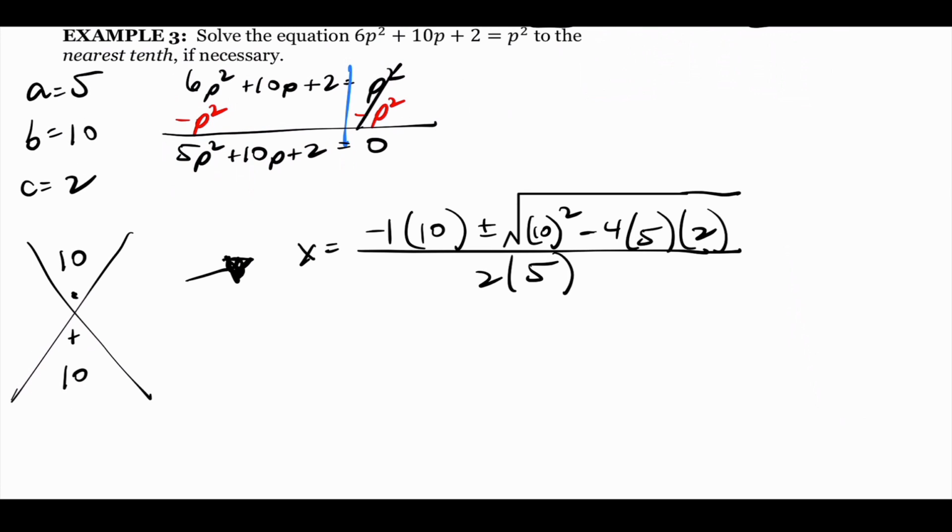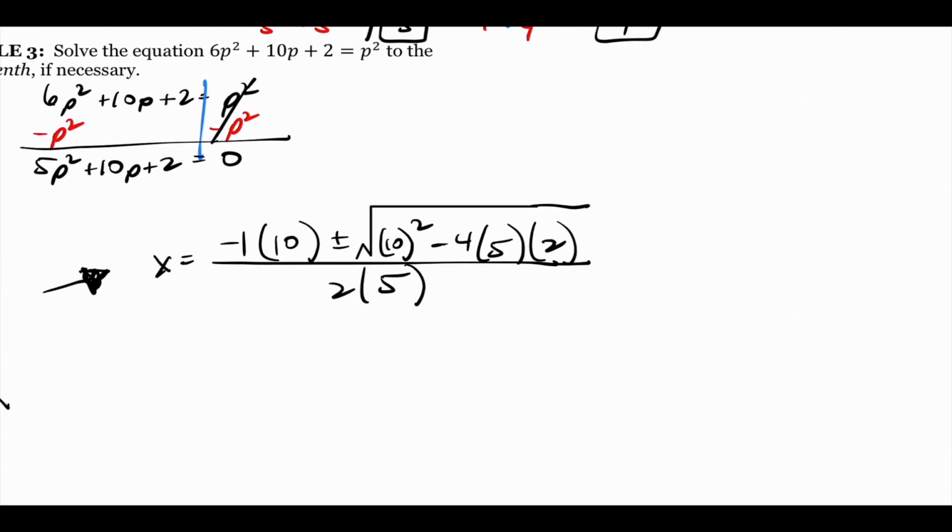So now I get negative 10 plus or minus the square root of 100 minus 40, because negative 4 times 5 times 2 is negative 40, over 10.